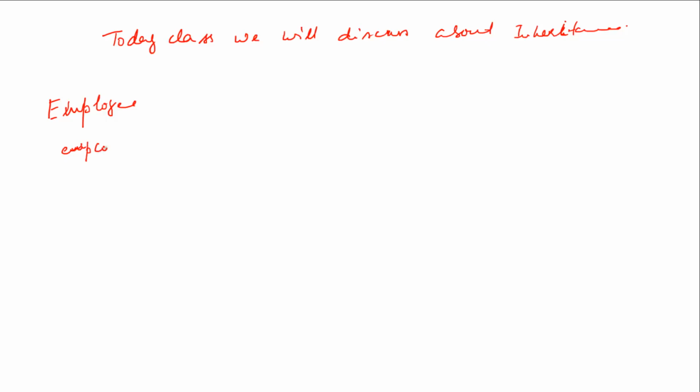So EMP code is here, then there is EMP name, and then the basic salary, or the basic pay, you can say. These things are inputted in the Employee class.